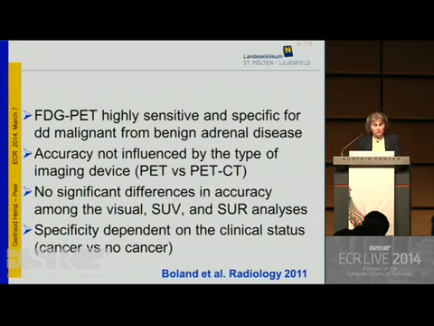And Boland and co-workers showed that especially FDG PET is very highly sensitive and specific according to differentiation between malignant and benign lesions, especially if there is an underlying cancer, and it is not dependent on the imaging device you use. And the good news is also that you can perform the visual analysis. It's not only dependent on calculation of the standard uptake value or the standard uptake ratio.